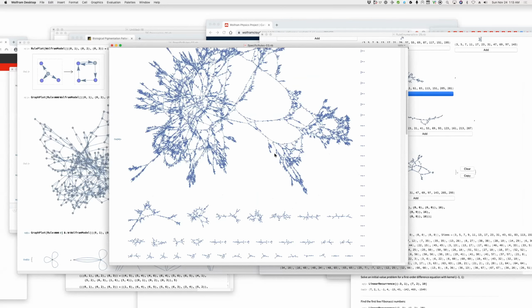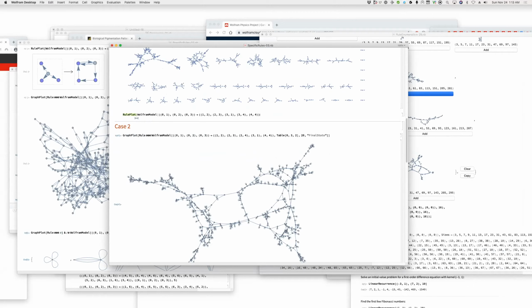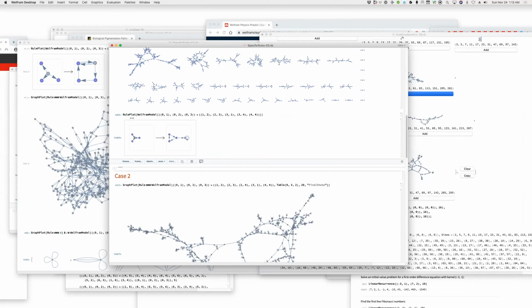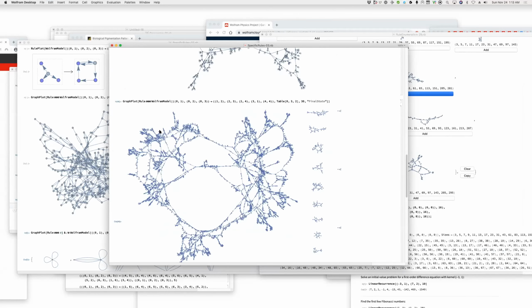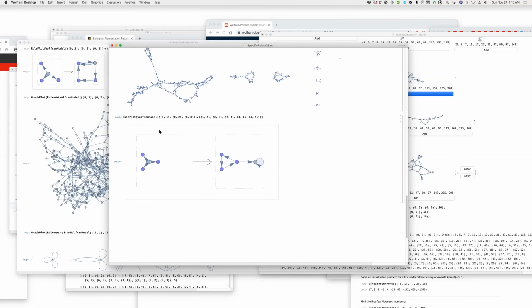Let's see what that one looks like. Wait a minute, that's extremely similar. That's 3 outgoing.